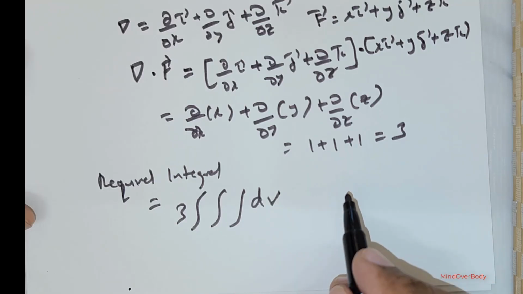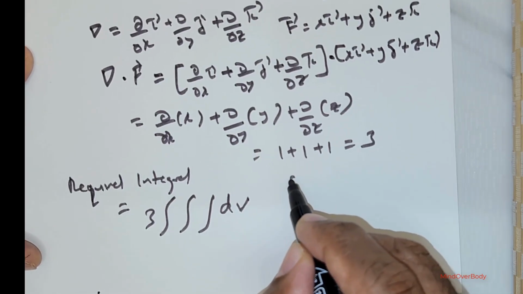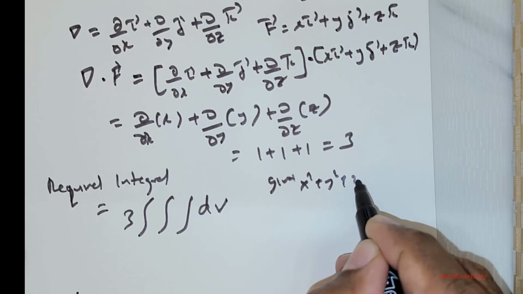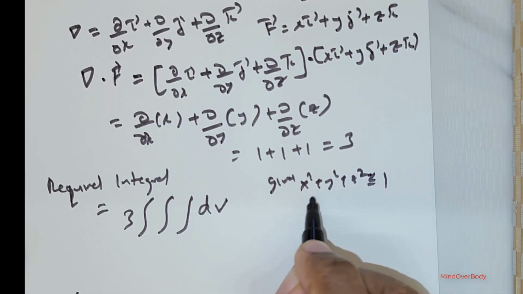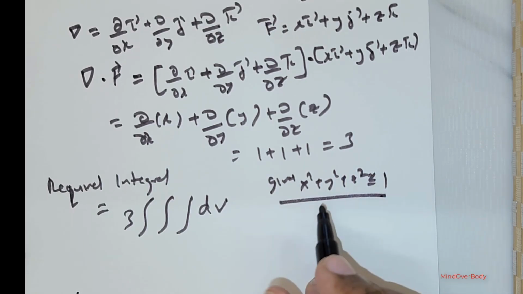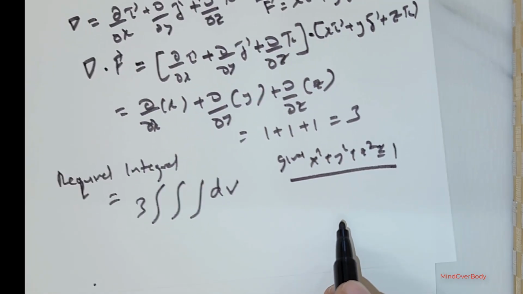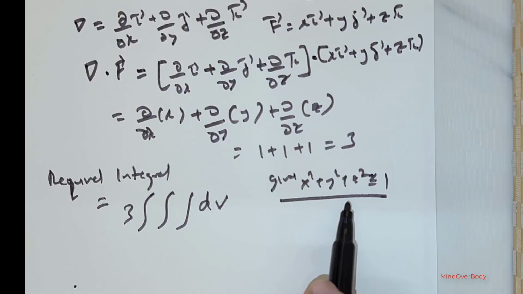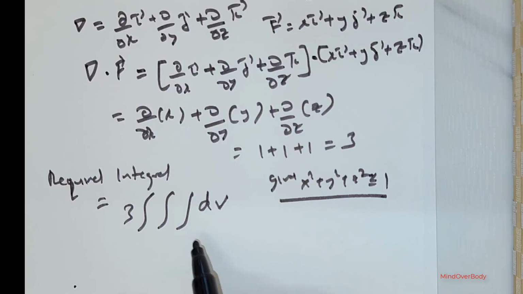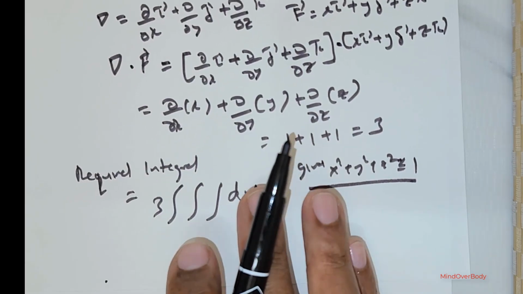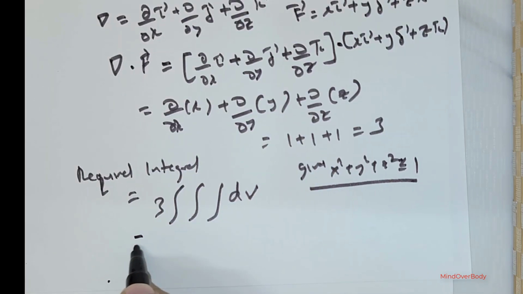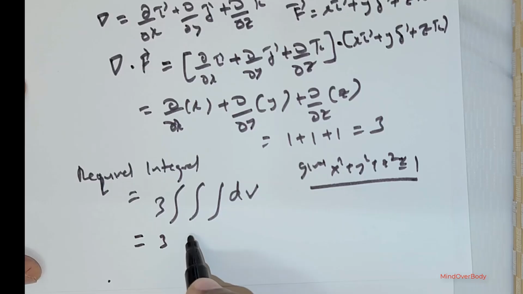Now the given surface, you have to know about the surface. The given surface is x squared + y squared + z squared is less than or equal to 1. We are talking about the unit ball, so we are required to use this surface and evaluate the triple integral of dV.